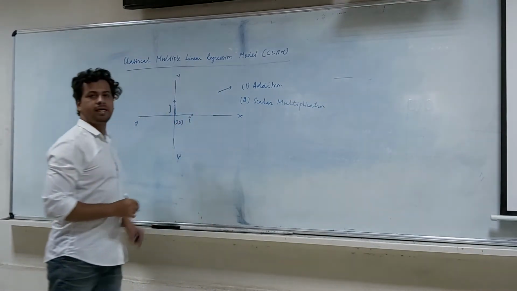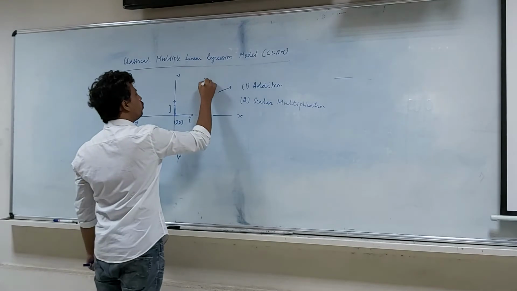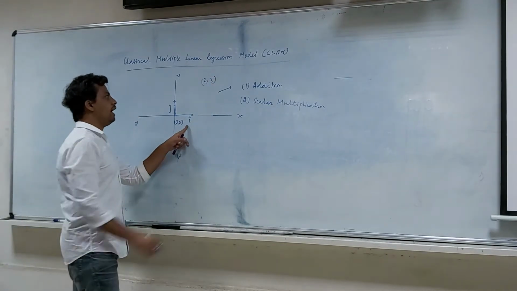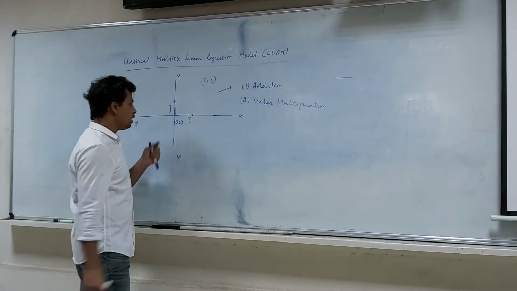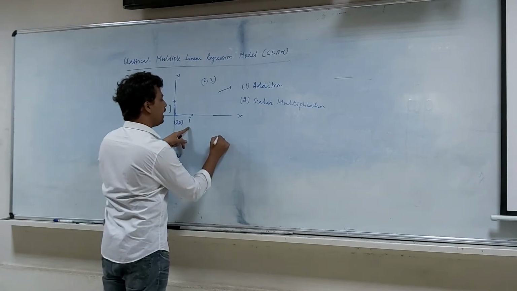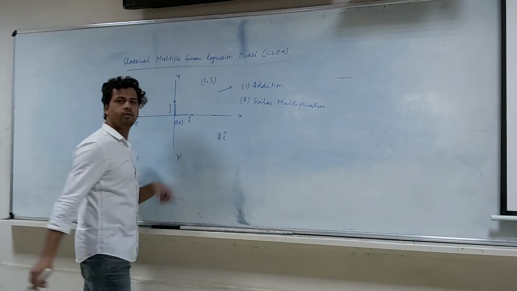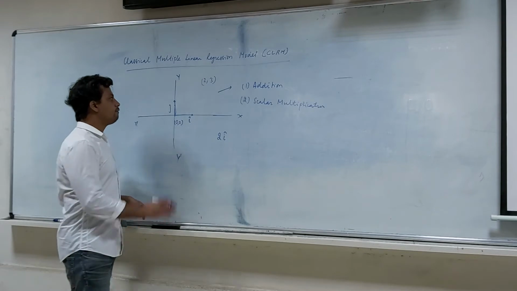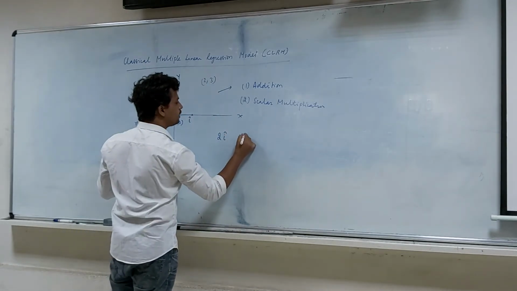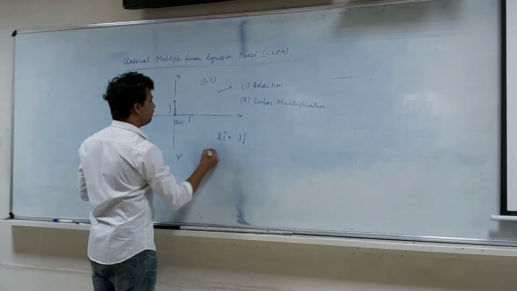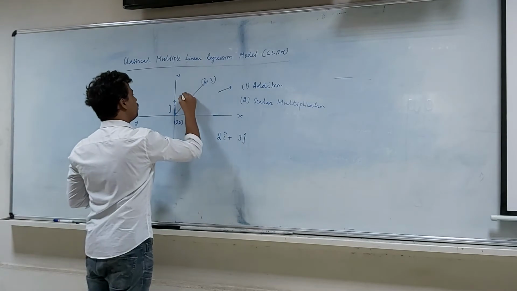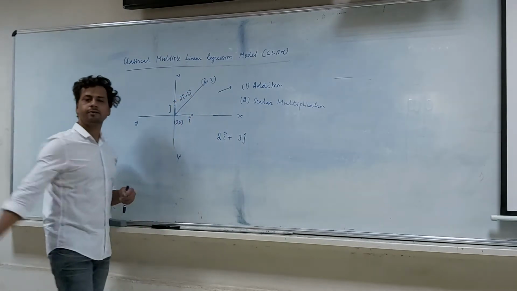So what it means is, suppose I have to reach point 2, 3, right? So I have to go 2 units in the x direction. So this is a unit vector, that is, a vector of length 1. So I multiply this i hat by 2, 2 times i hat, and I have to go 3 units in the y direction. So I multiply this j hat by 3 units, and then I add them. I'll precisely reach this point denoted by the vector 2i hat plus 3j hat.